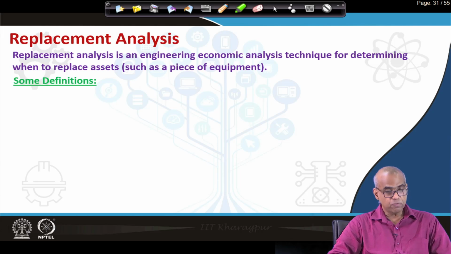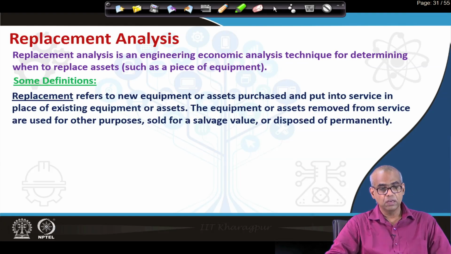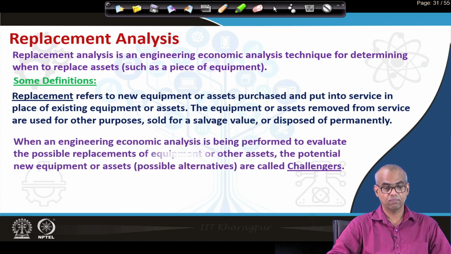So, what we will do is, we first start with some definitions. Replacement refers to new equipment or assets purchased and put into service in place of existing equipment or assets. The equipment or assets removed from service are used for other purposes, sold for a salvage value, or disposed of permanently.